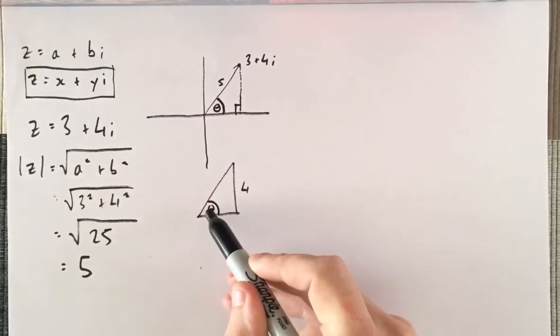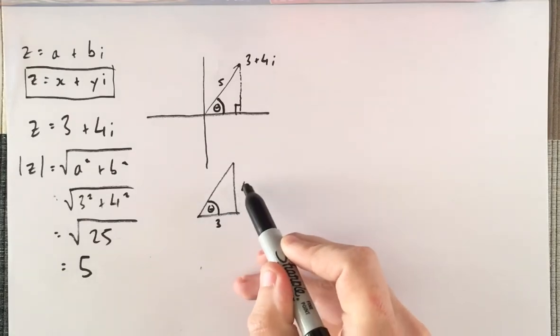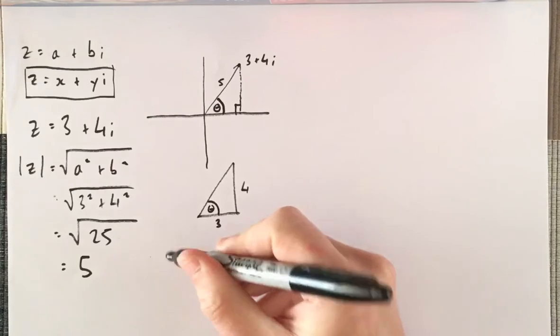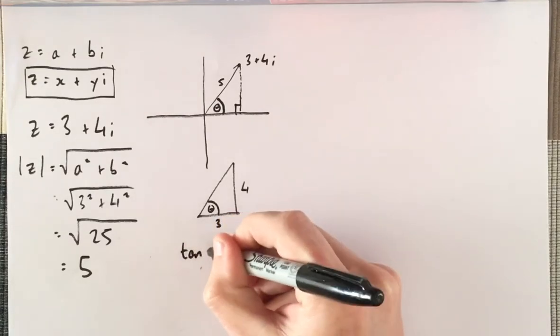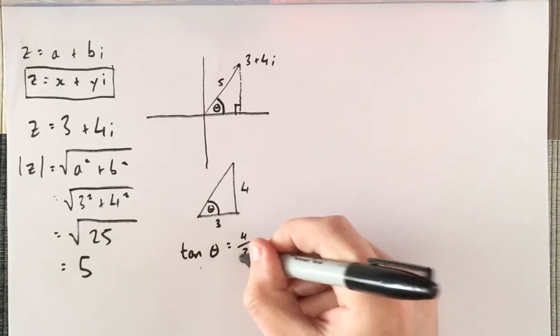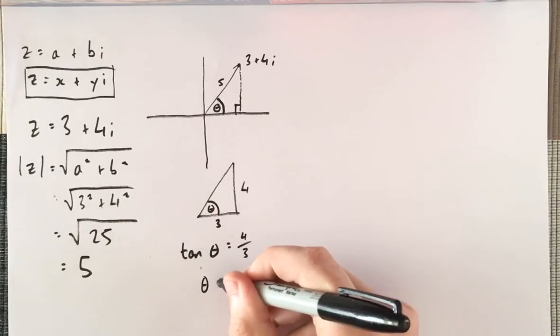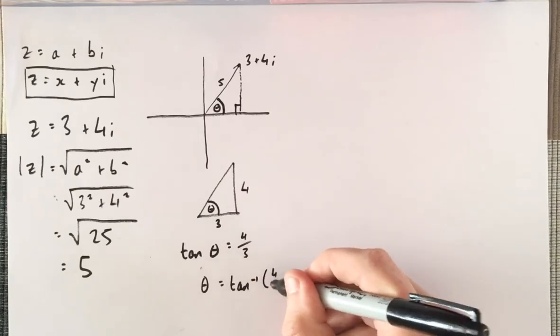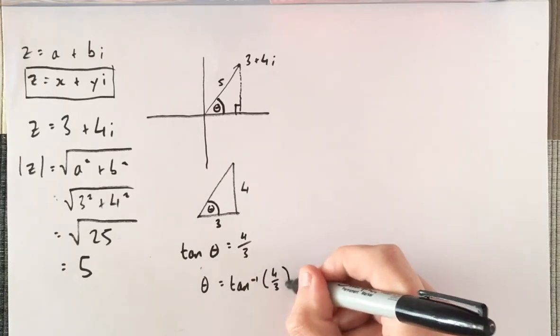So I want to know how big this angle is, so I know the opposite and I know the adjacent, so that is tan. So the tan of that angle is equal to 4 over 3. So the angle is the tan inverse of 4 over 3.